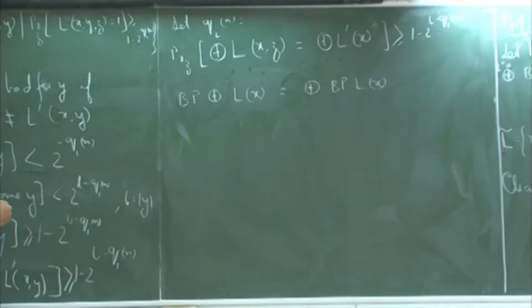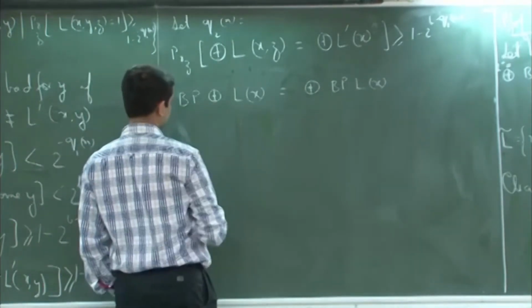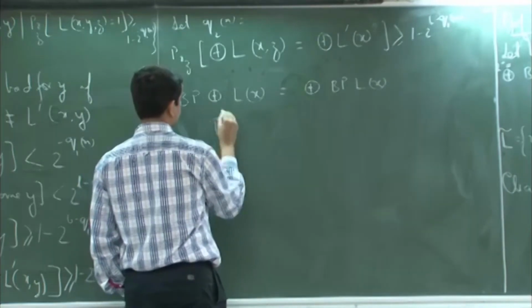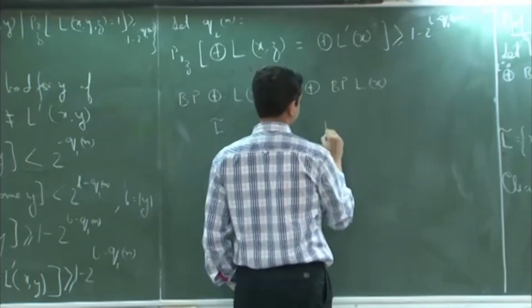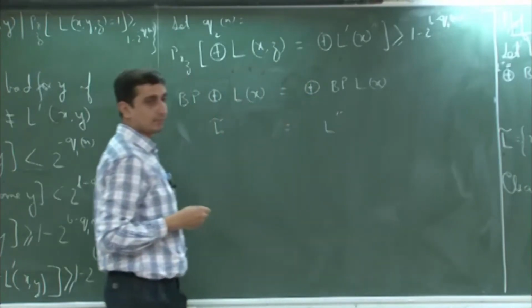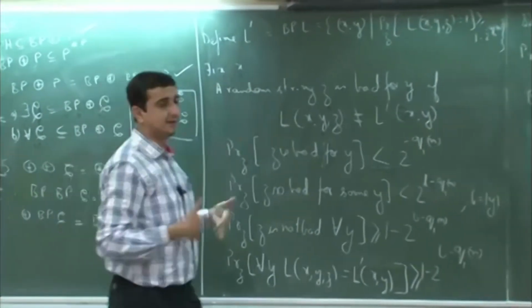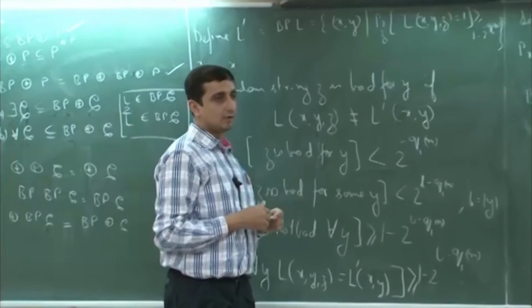Okay. And this is what our L tilde was. Okay, and this was our L double prime. So we showed that this happens for any fixed x. In general, this happens for all x's. Okay.